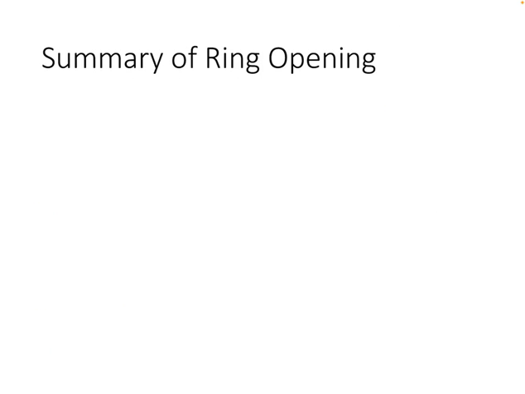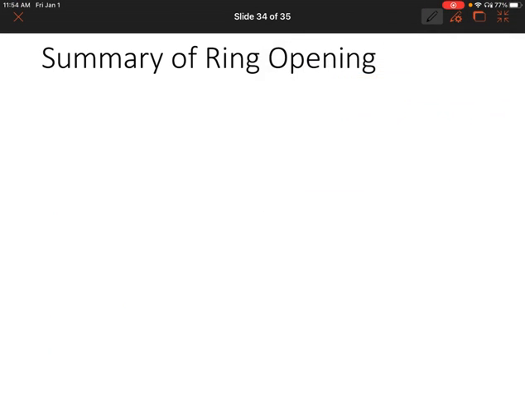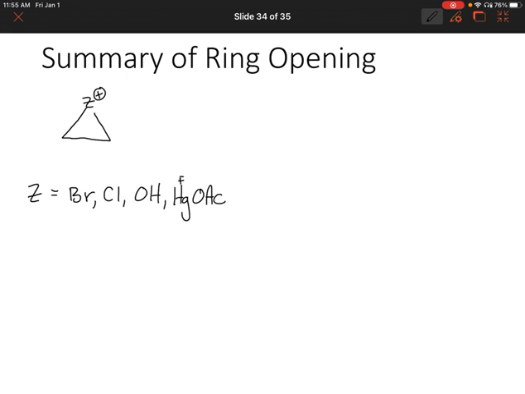So let's just summarize those ring opening reactions. Let's say we've already formed our ring, and I'm just going to use a Z here as a placeholder. So that could be a bromine, it could be the mercury acetate. So let's write down our options here. We could have chlorine, OH, or the mercury acetate ion.